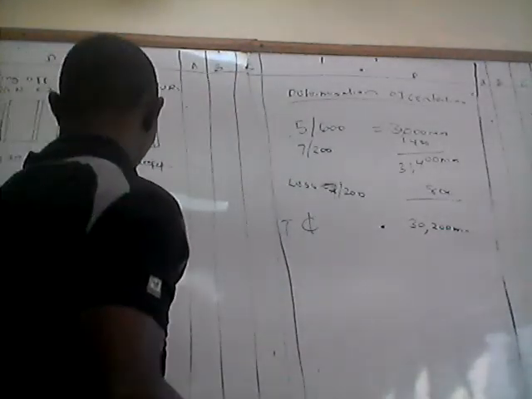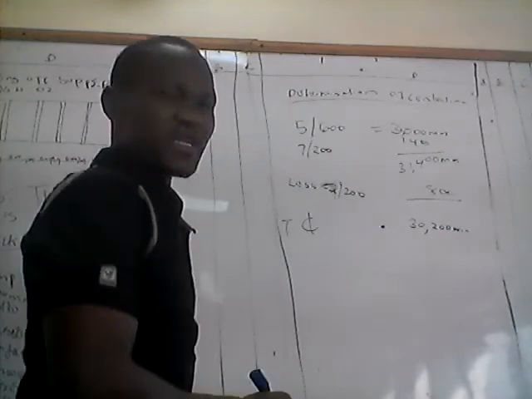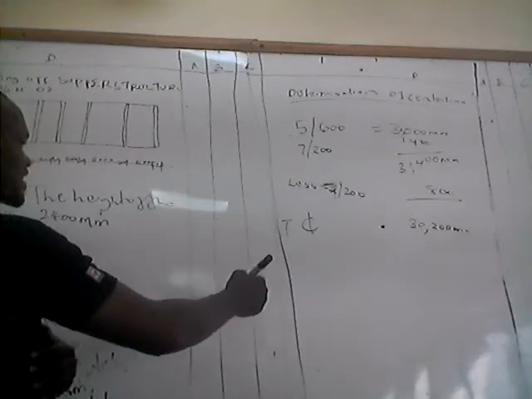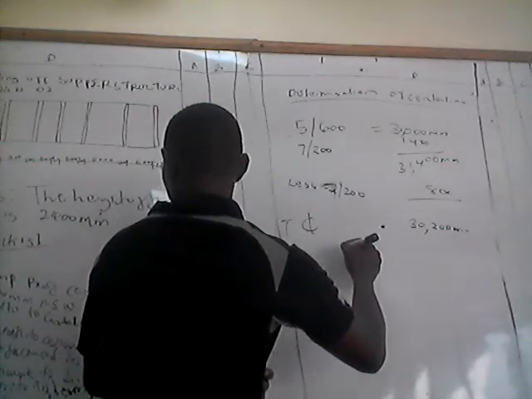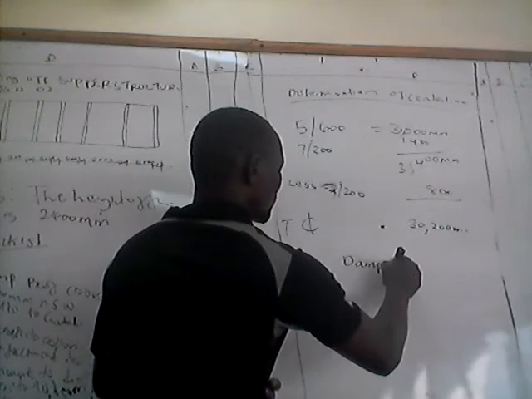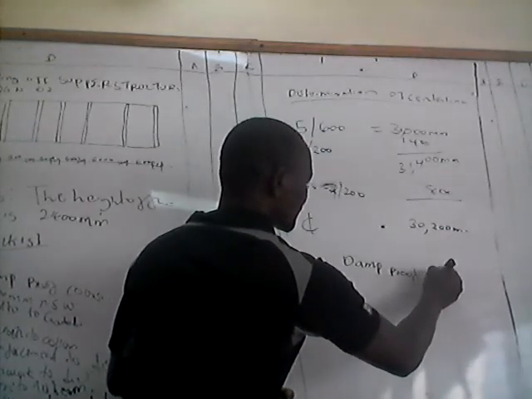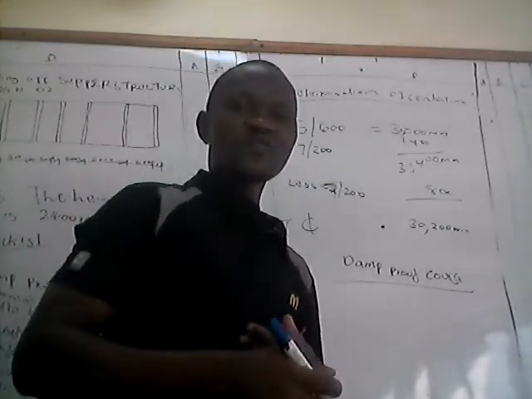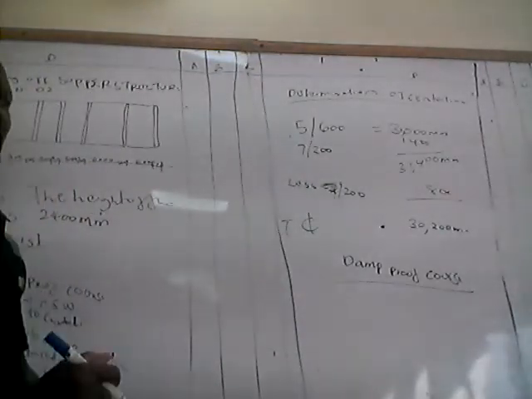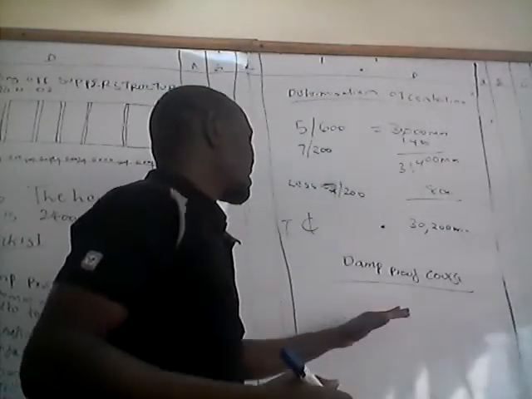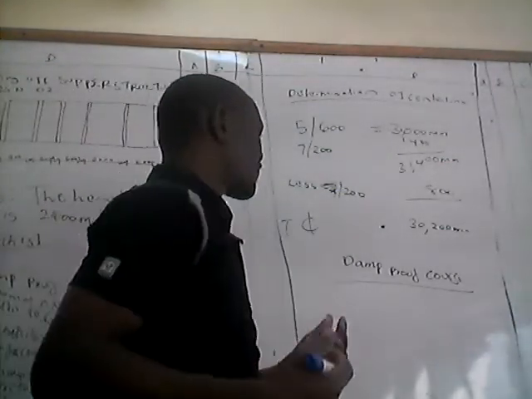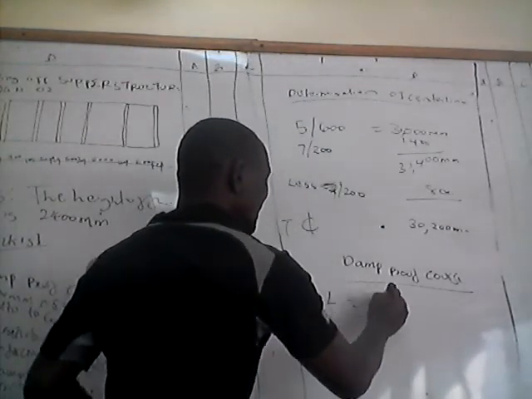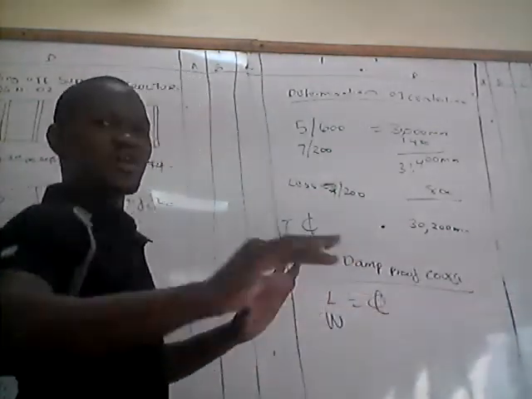We have to use this for the 200 millimeters walling. Now let's start with the damp proof course. According to the standard methods of measurement, the damp proof course is measured in square meters. How can we get the square meter of a damp proof course? For the length, we take the length of the center line. Then the width will be the thickness of the wall.